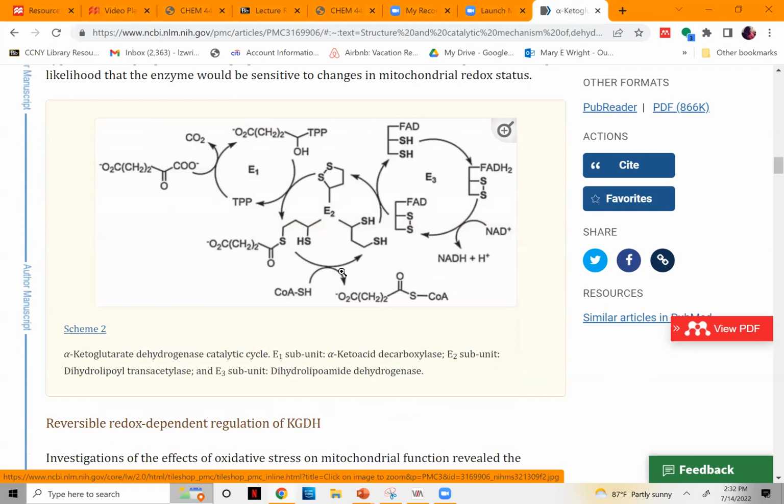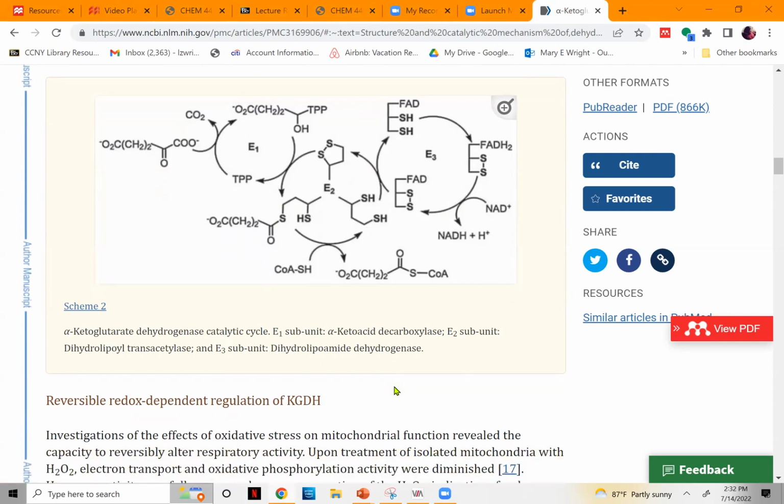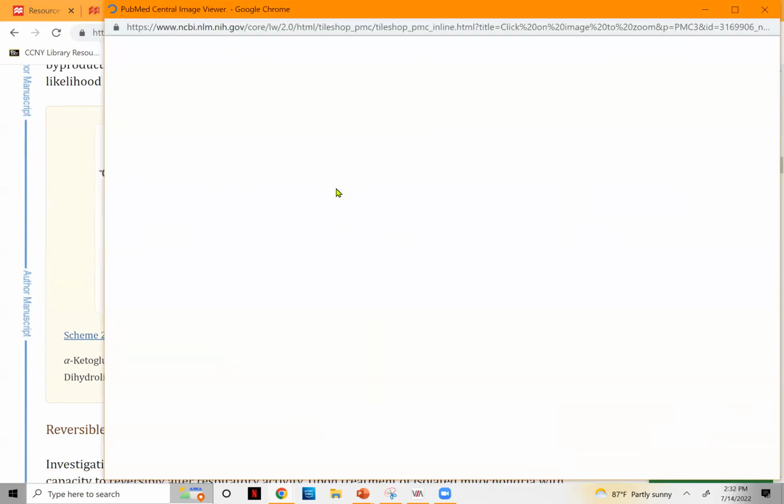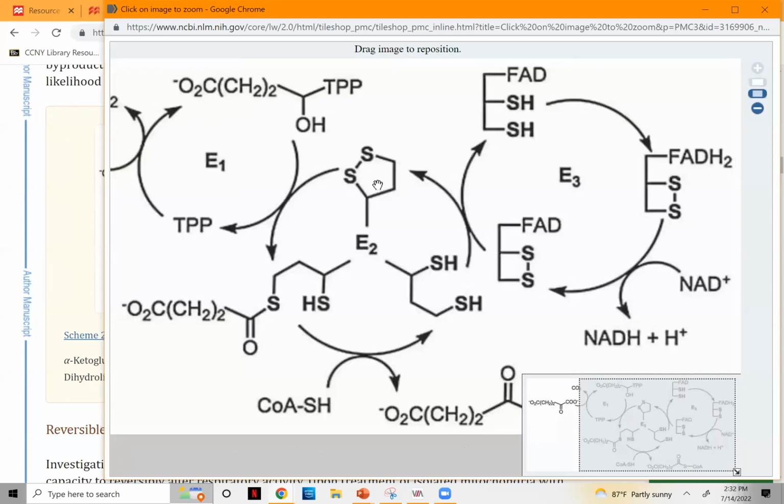Look, we have an E1, an E2, an E3. I would certainly assume that we have our TPP. Yeah, we have our TPP. We have our lipoamide. Look, I can even make this bigger. We have our lipoamide here, we have our TPP.